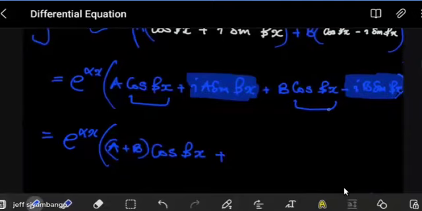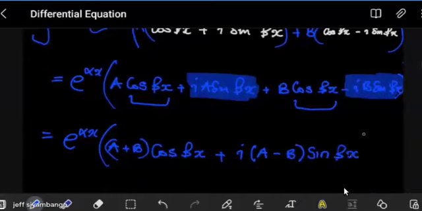When you look at them, again, they are also going to have a common sine beta x, and you're still going to have that a and b. So you can see you have i here, and then the b comes with a minus there. So this is b here, and then you're going to have sine beta x. So this is what you end up with there.